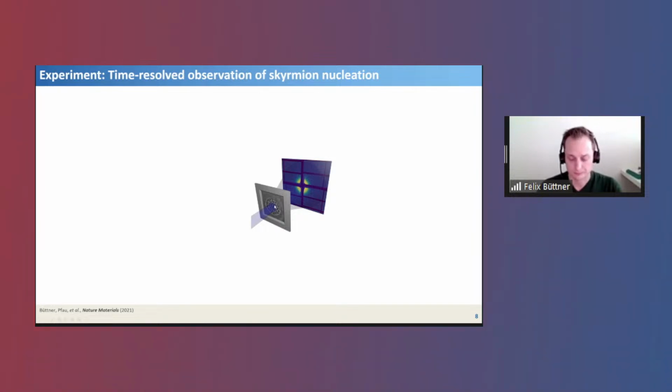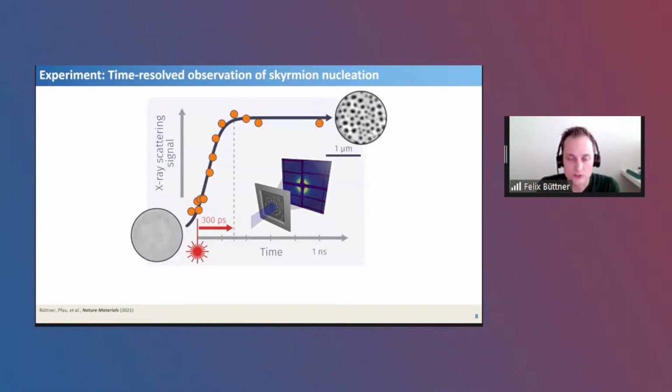We learn a lot of things from this experiment, but the main thing I want to illustrate here is that we see when this process has finished. So we see when the total intensity of that scattering distribution has saturated to its final intensity. And we see that this happens actually in 300 picoseconds.